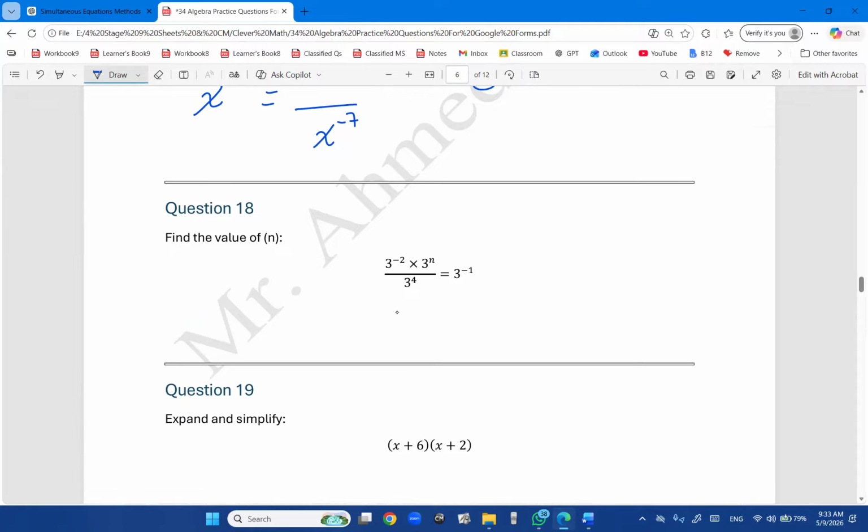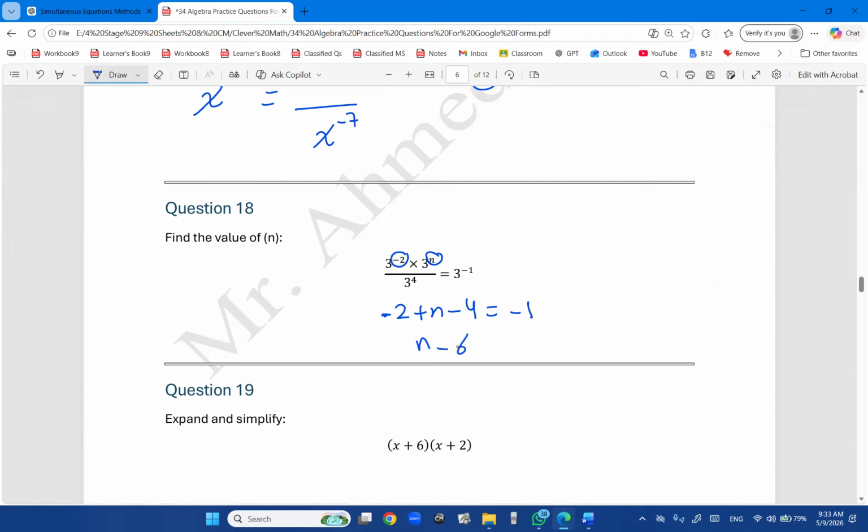Here, it is 3 to the power of negative 2 multiplied by 3 to the power of n, which means that the negative 2 is added to the n. Divided by 3 to the power of 4, which means negative 2 plus n, then minus 4, equal to 3 to the power of negative 1, which means that they're supposed to give you negative 1. Solve the equation normally. Negative 2 and negative 4 is negative 6.